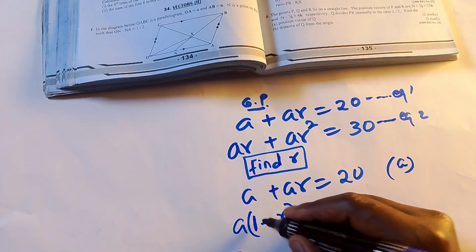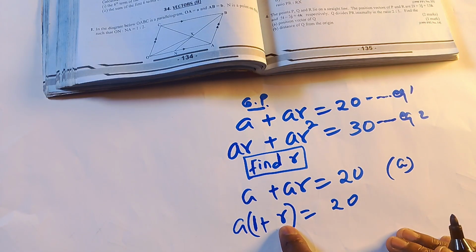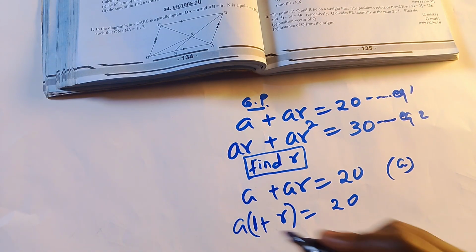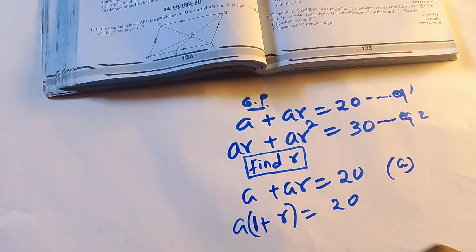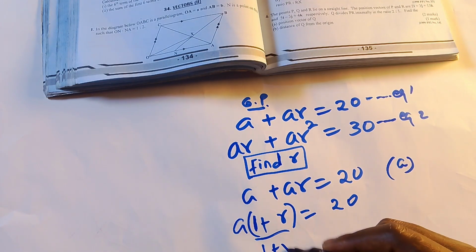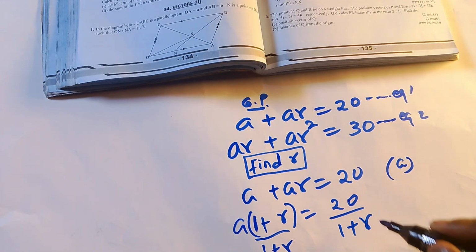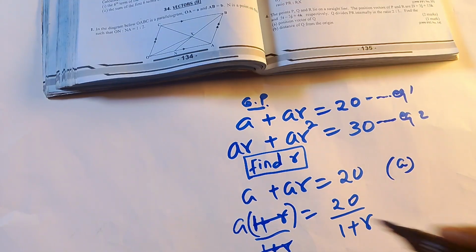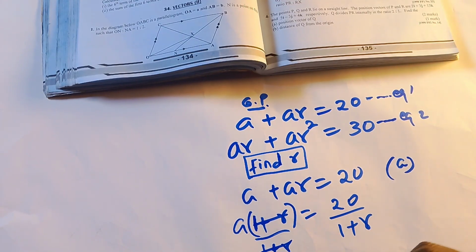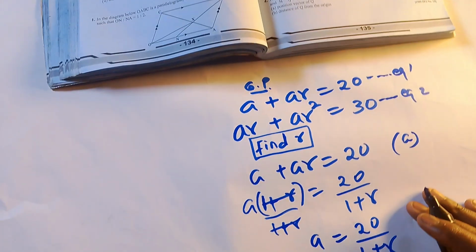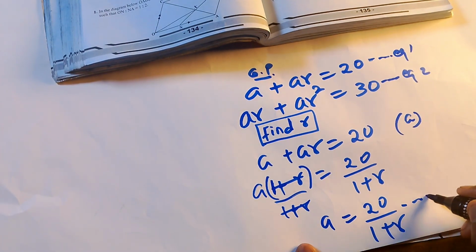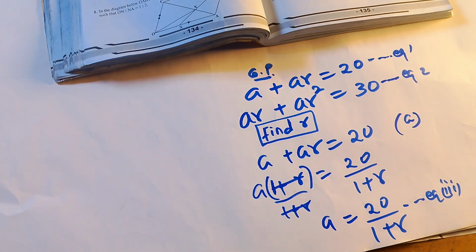Then we divide both sides by 1 plus R. Cancelling, we remain with A is equal to 20 over 1 plus R. And we can call this our equation 3, which will help us.